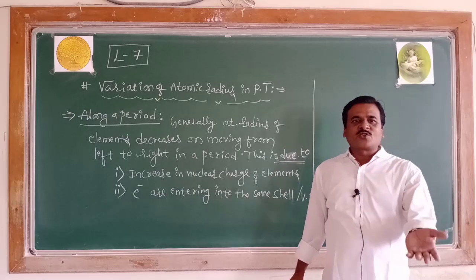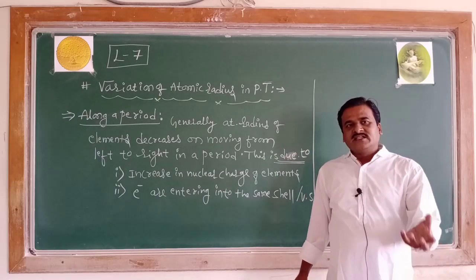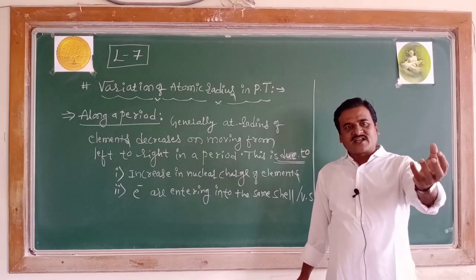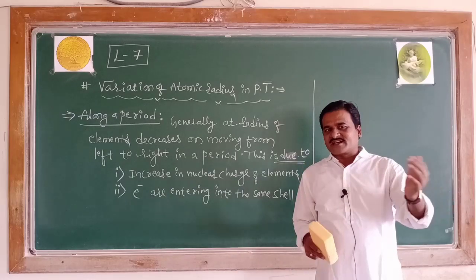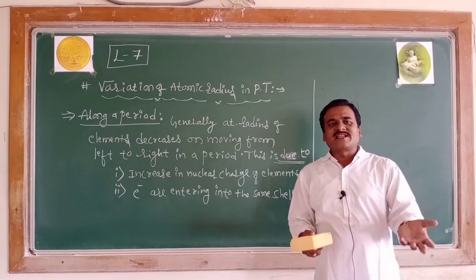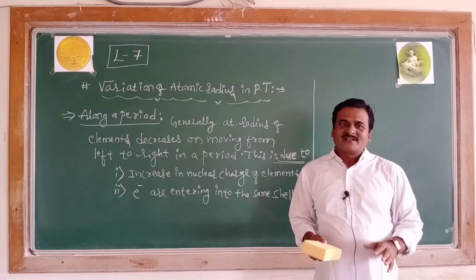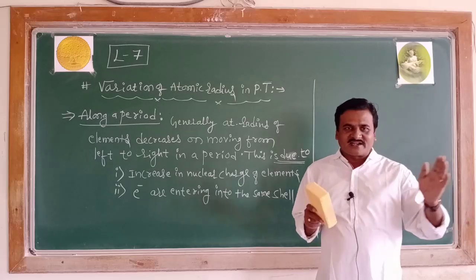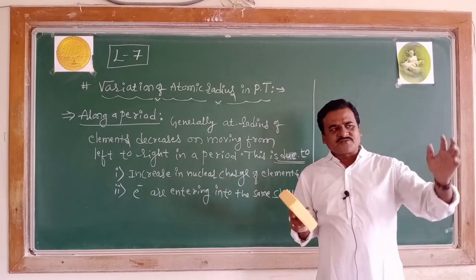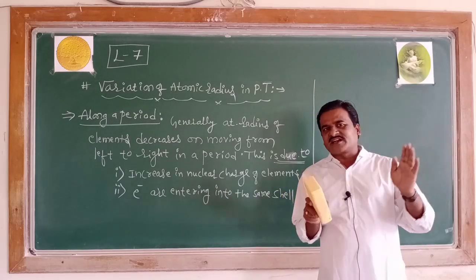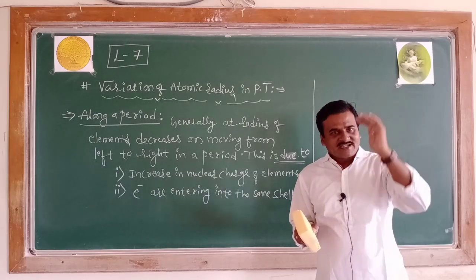Due to the increase in nuclear charge, as the electrons are entering into the same valence shell, the attraction between the valence electron and the nucleus increases, which results in a decrease in the atomic size. That means atomic radius decreases.